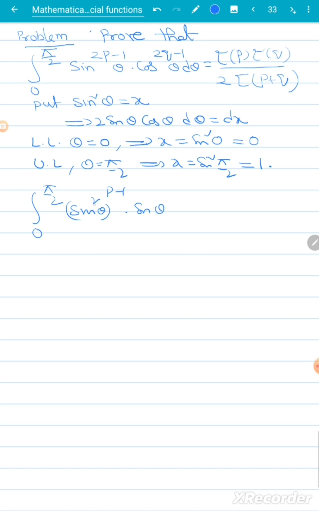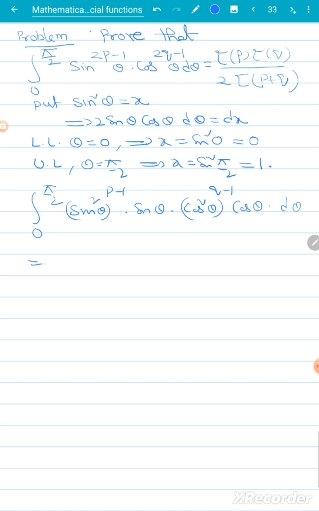So 2p minus 2 plus 1, total 2p minus 1. Similarly cos square theta to the power of q minus 1 into cos theta, so 2q minus 2 plus 1 gives 2q minus 1, into d theta.